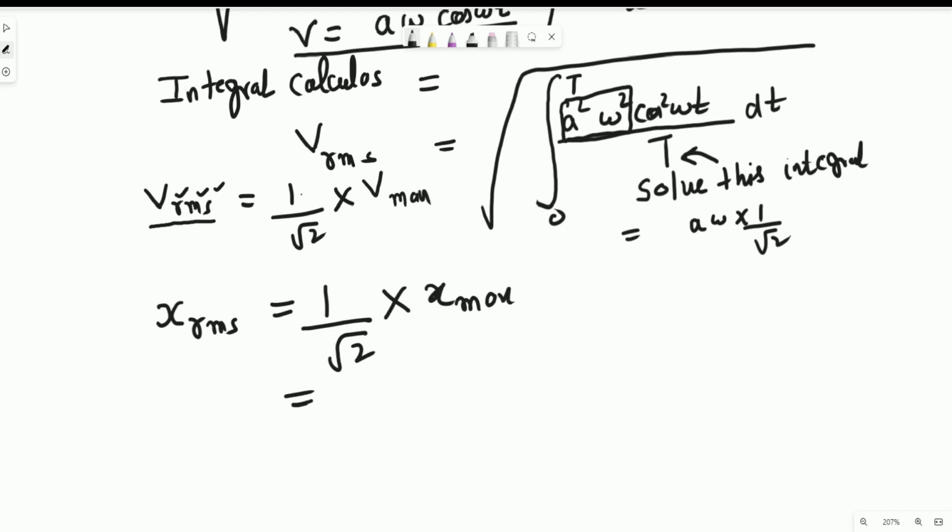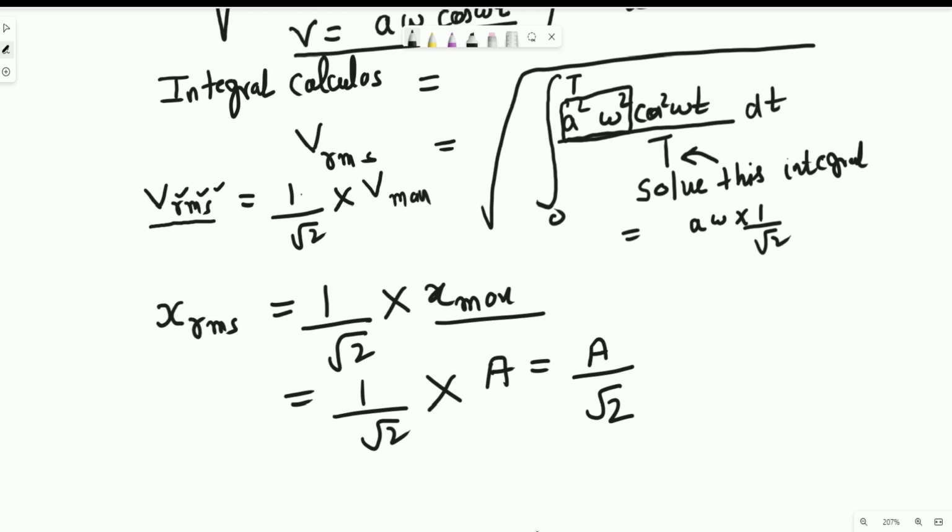And you know the maximum value of displacement is given by the amplitude. So the root mean square of even the displacement can be found as a by root 2 in one line. So remember, you don't have to really know integration at this stage.